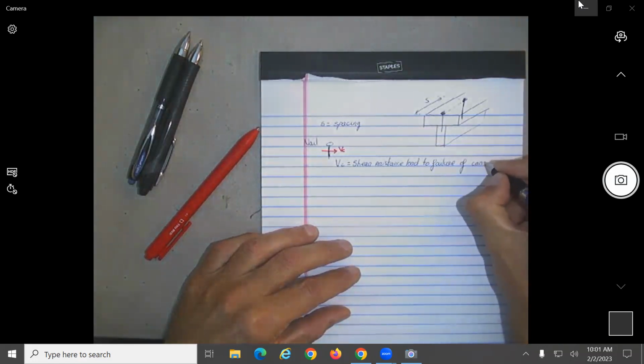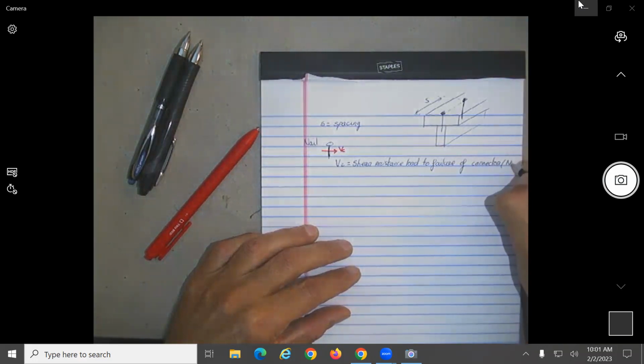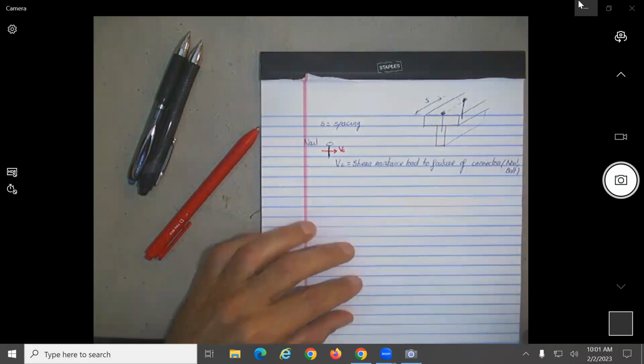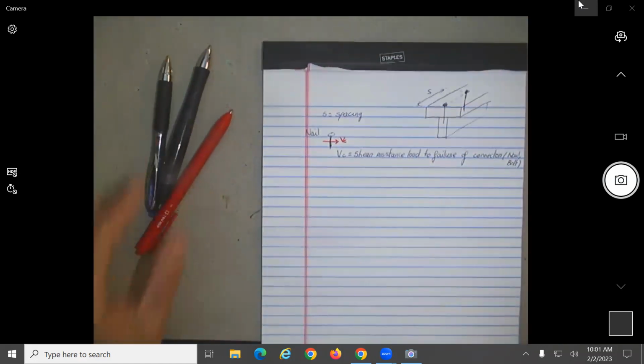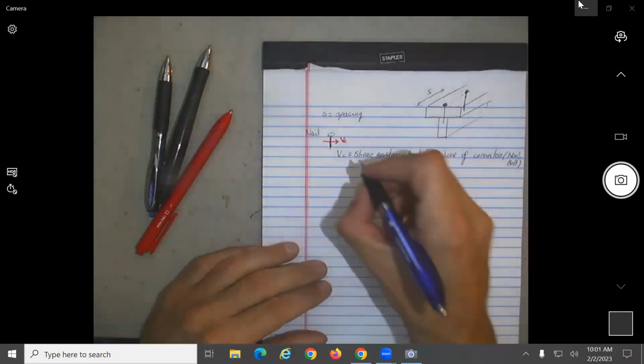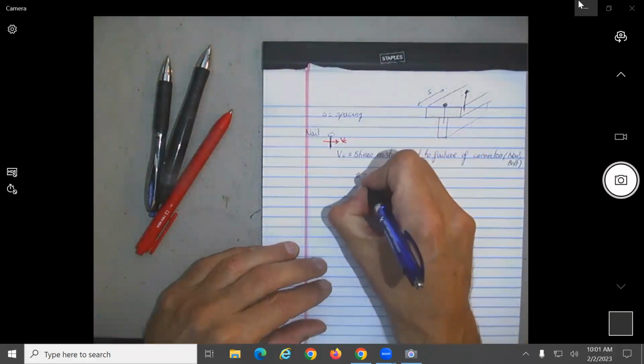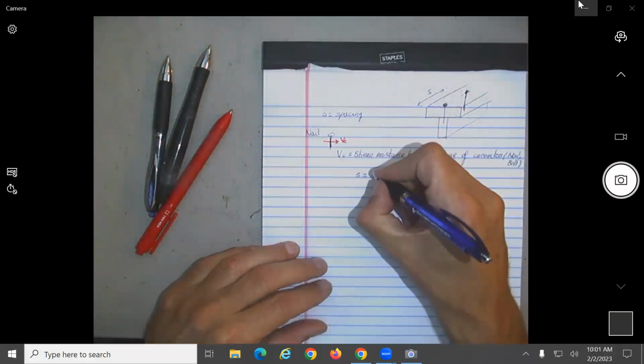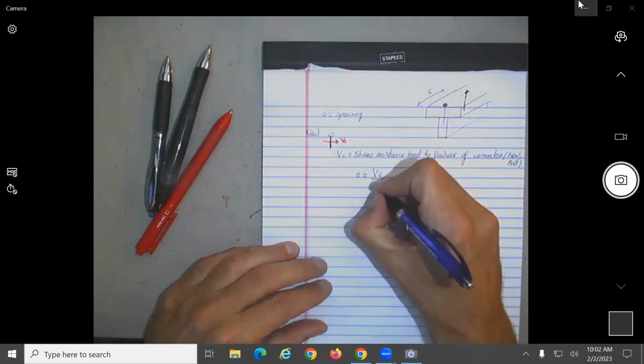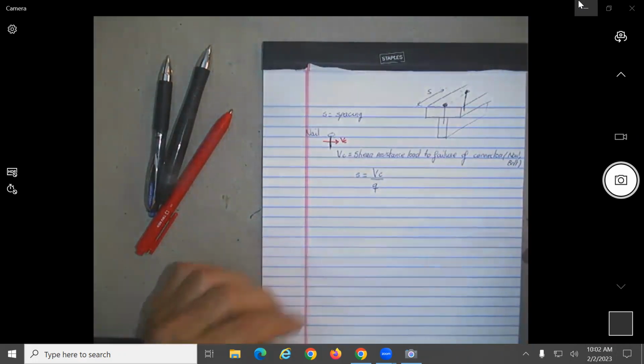So the connector here can be a nail, can be a bolt, can be a weld, whatever you want. So the definition here of the spacing is the resistance of the connector divided by the shear flow.